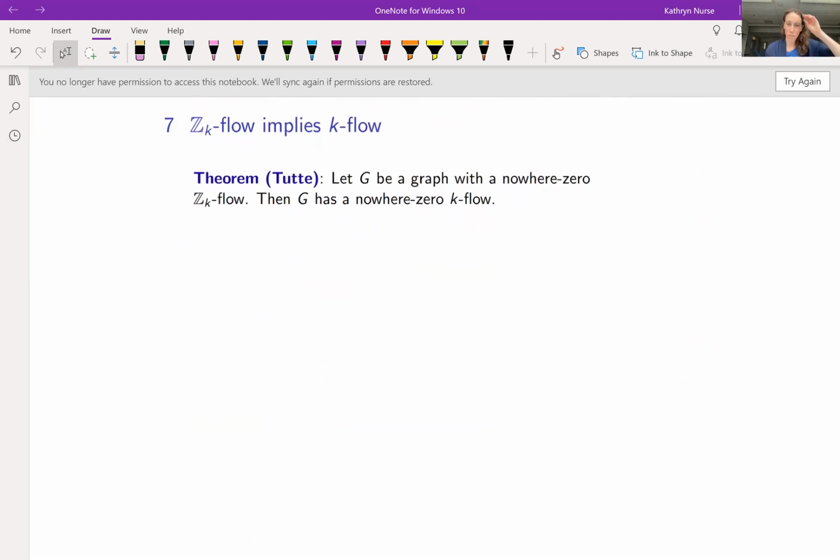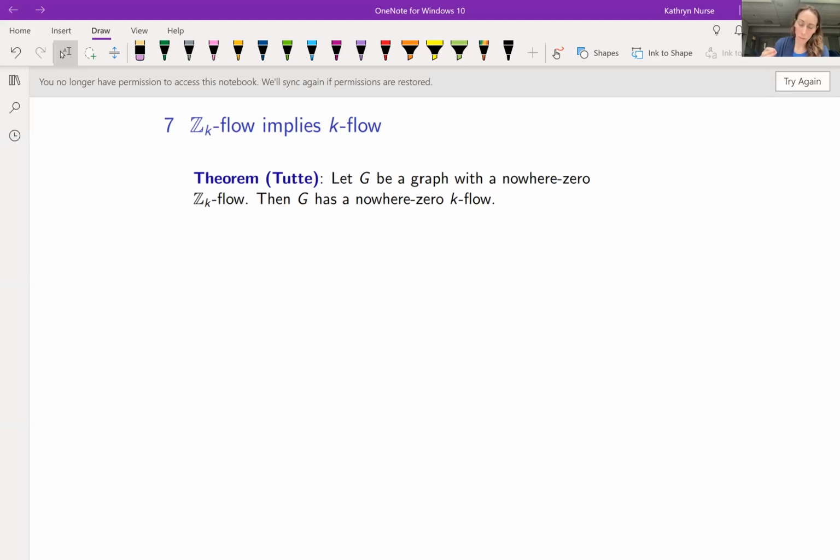Okay, and then the last thing, this is the theorem of Tutte from 1954, and he used this to prove flow-coloring duality. It's probably very well known, but I wanted to say it because it's just not in the paper, and it's kind of important. So basically, if you have a Z_k flow, you can get a k-flow in your graph.